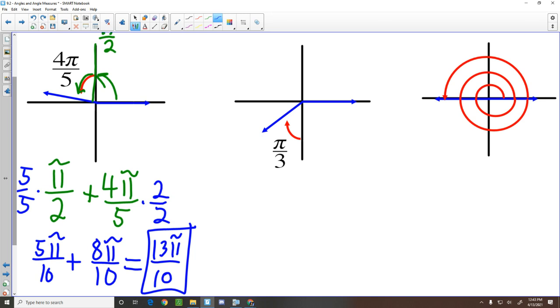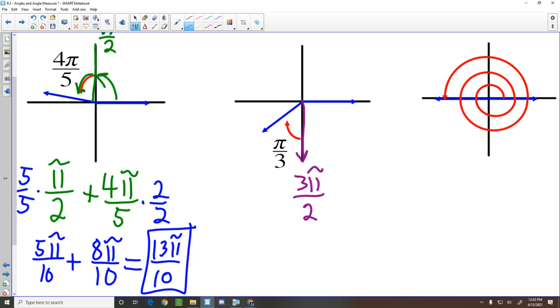Anyways, this middle one, everybody, this pi over 3 measurement, do you guys remember how many radians it is on the negative y-axis? How much? 3 pi over 2. That's correct.